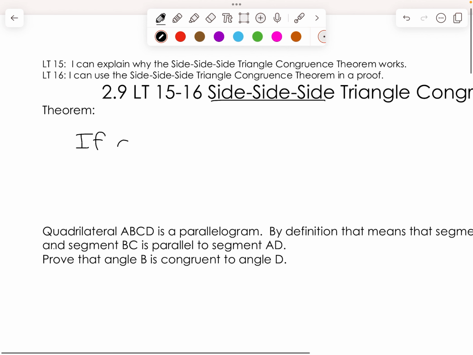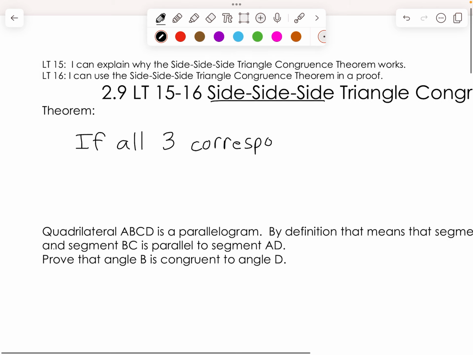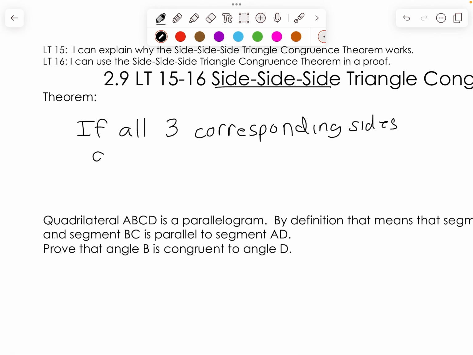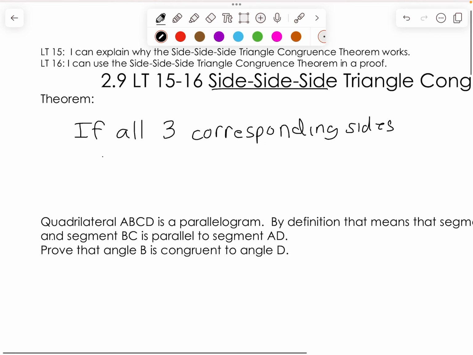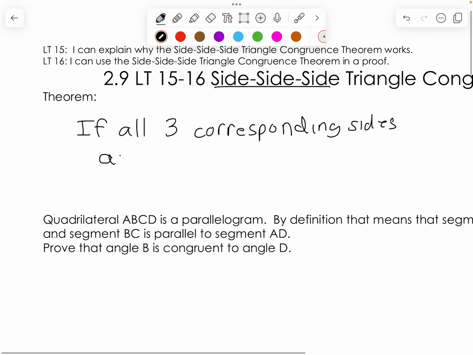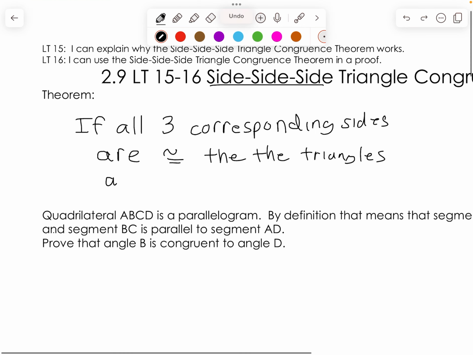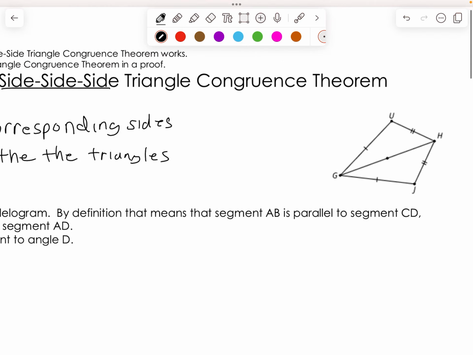If all three corresponding sides are congruent, then the triangles are congruent.